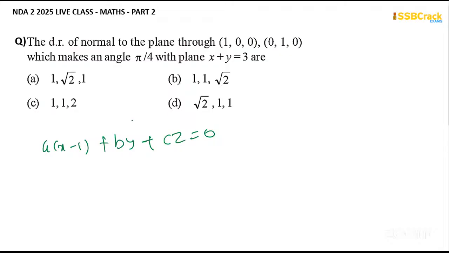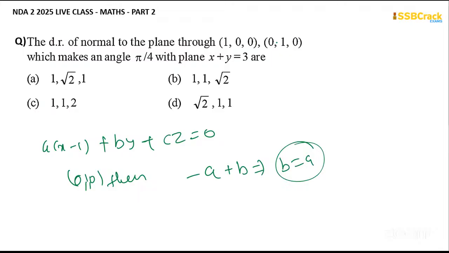So if it passes through (0, 1, 0), then minus a plus b is equal to 0, which implies that b is equal to a. I simply put x to be 0, y to be 1, and z to be 0, so I get a is equal to b.